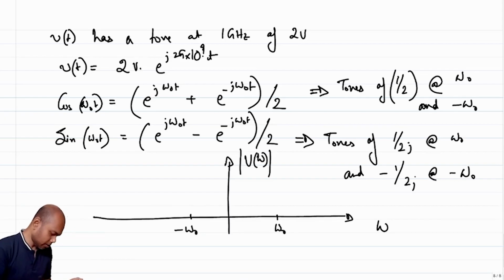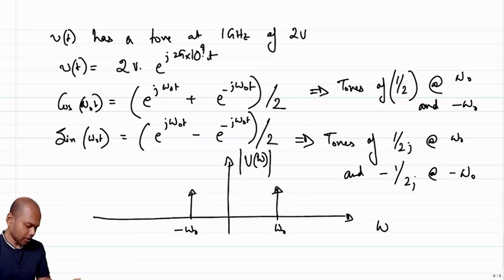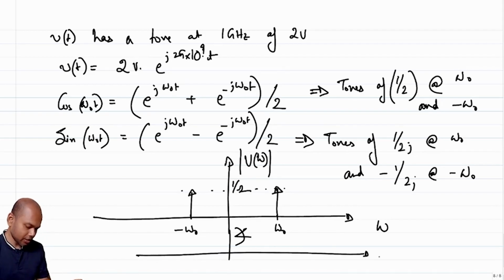Your cosine omega naught will be expressed as 2 delta Dirac functions, each having an area equal to half, right? So I'll mark it as 1 over 2. This is only the magnitude. The phase information, the angle, is 0, because Cn is real, half, and doesn't have any imaginary part.